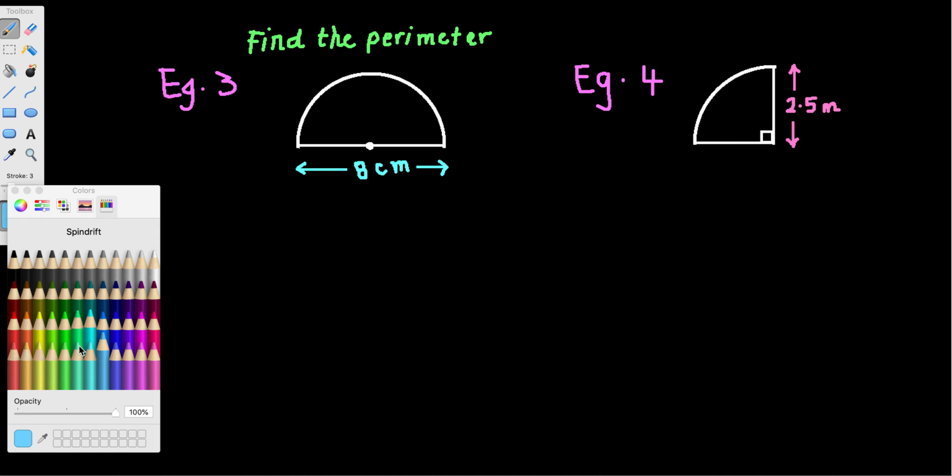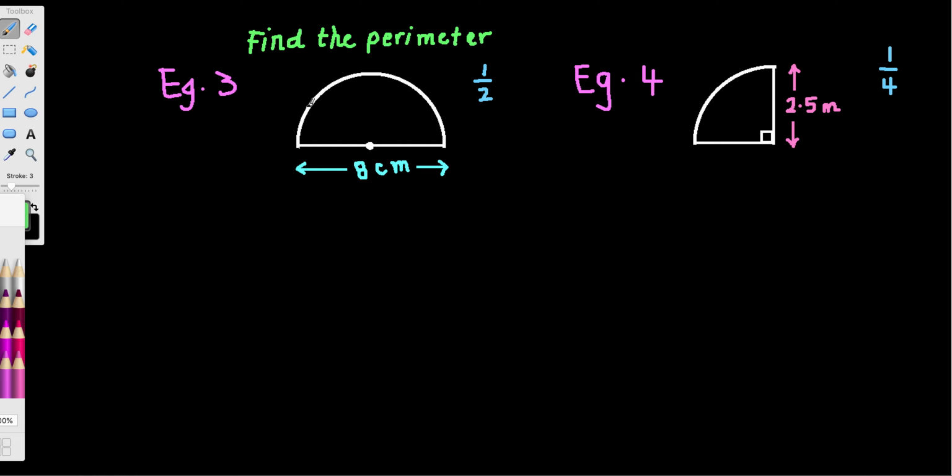So to solve something like this, we just consider that a semicircle is half of a circle and a quadrant is a quarter of a circle. We're going to use that fact to solve these ones. So first of all, I'm going to deal with this curved bit. This curved bit around here, if I was finding a full circle, I'd be finding the circumference.